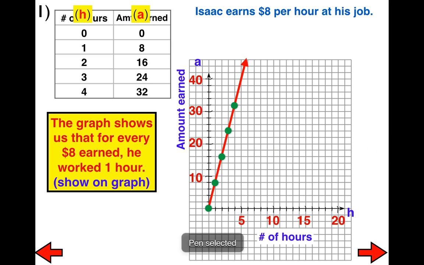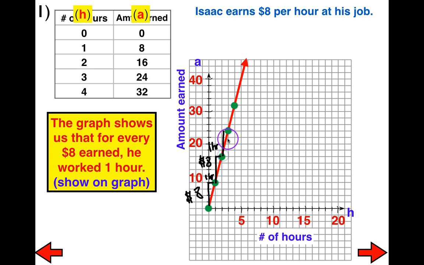So let me show you. Here, as it's going up $8, it's because he worked for 1 hour. Again, if you continue to follow this, he's earning $8 for every 1 hour that he works.